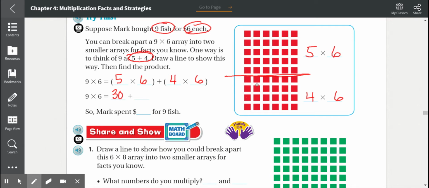So we know that 4 plus 4 more is 8, 9, 10, 11, 12, 13, 14, 15, 16, 17, 18, 19, 20, 21, 22, 23, 24. Okay, now we can add. 0 plus 4 is 4, and 3 plus 2 is 5. So he spent $54 on 9 fish.